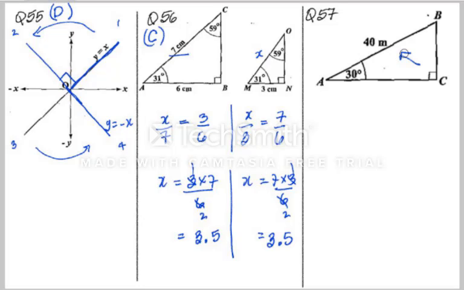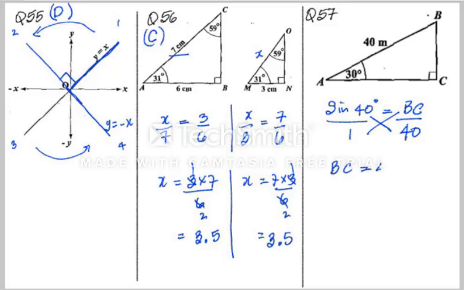Now the trig ratio that includes opposite and hypotenuse is sine. So the sine of 40 degrees is the opposite side BC over the hypotenuse, which is 40. If I have one fraction equal to one fraction, I would cross multiply. 1 times BC is BC, equal to 40 times the sine of 30 degrees.